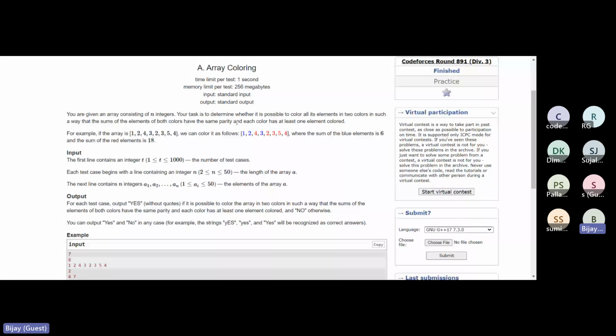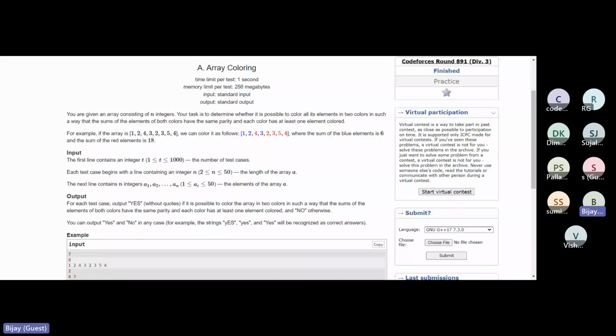In question number A, we are given an array of n integers, and we just need to determine whether it is possible to color the elements into different colors such that the sum of both the parts has the same parity. When I say same parity, it means both of them should be either even or odd.